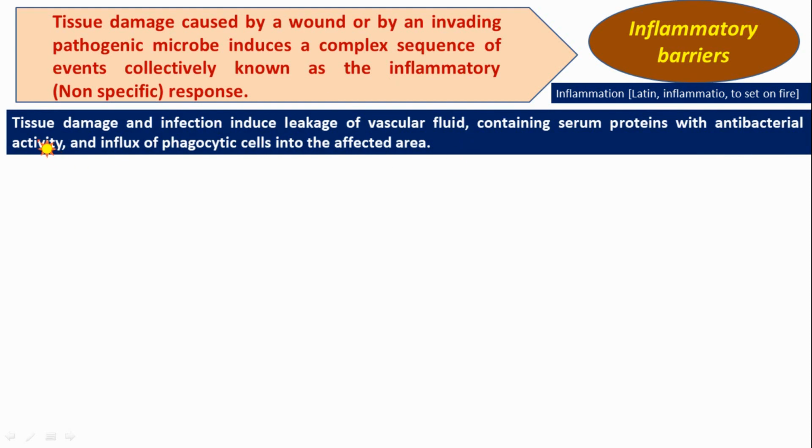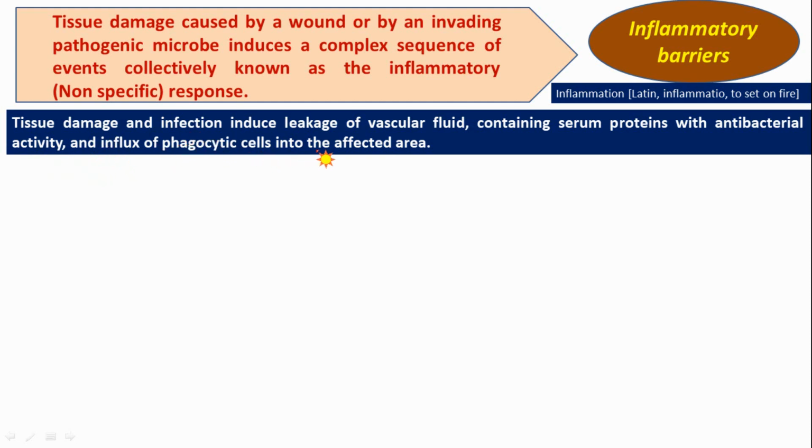Tissue damage, along with infection, induces leakage of vascular fluid. The fluid inside the vessels will leak, and this fluid contains serum proteins. These serum proteins are antimicrobial proteins which possess antimicrobial activity, and along with that there is a lot of influx of phagocytic cells into the damaged tissue.